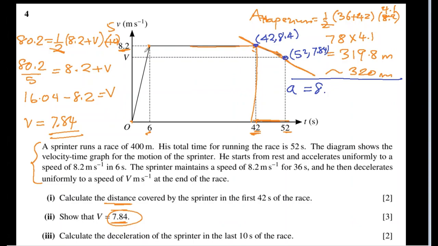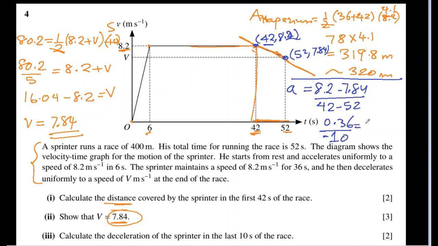8.4, do we have 8.4? No, 8.2. 8.2 minus 7.84, that is the second one, and T2, because corresponding to 8.2 is 42, so 42 minus 52. So it will be 0.36 over negative 10.